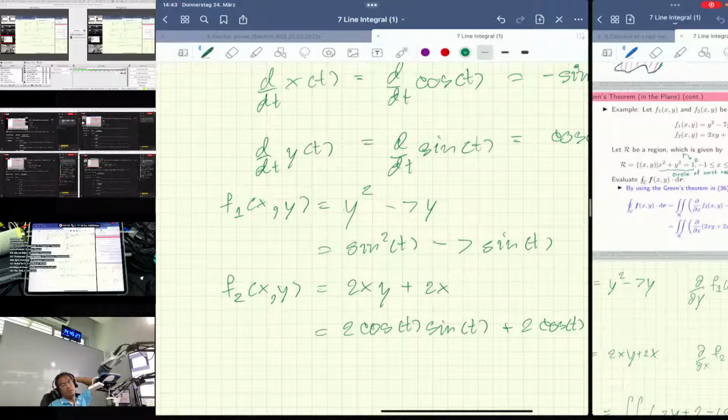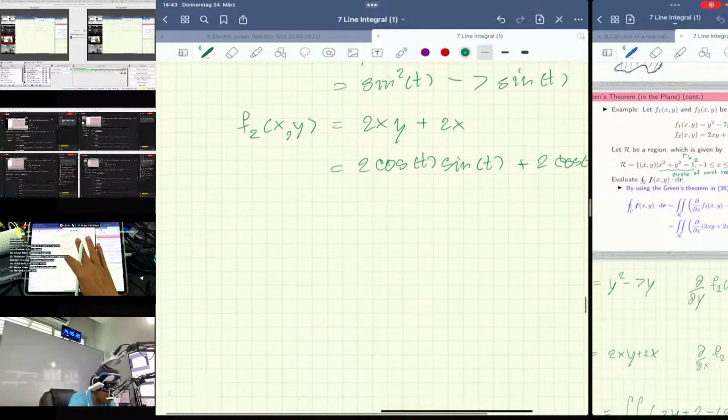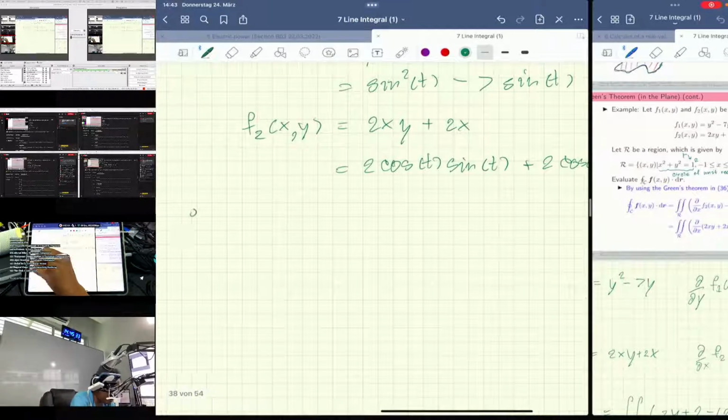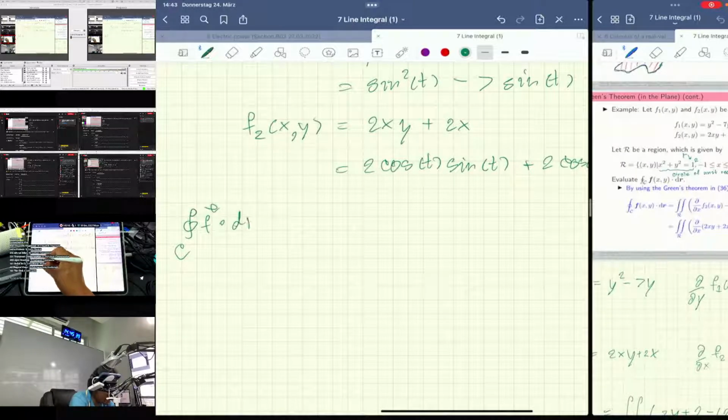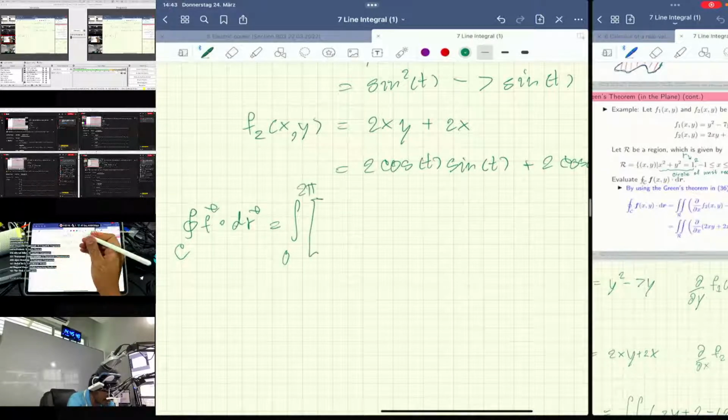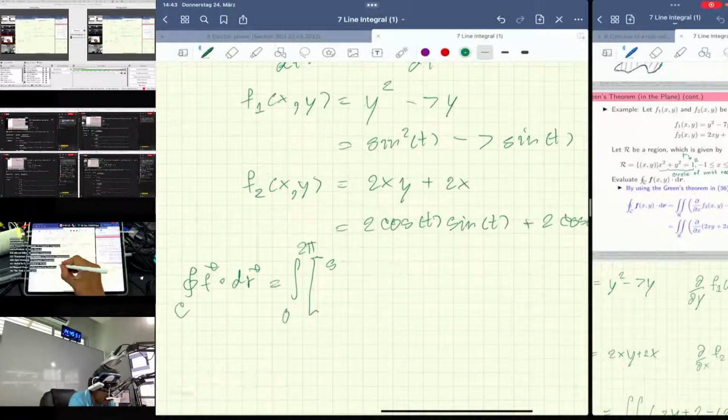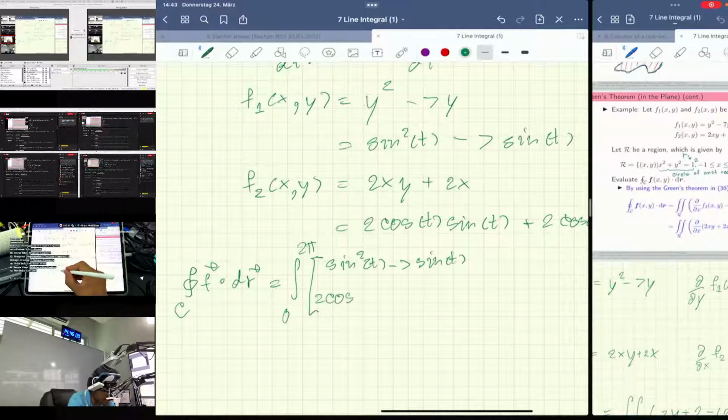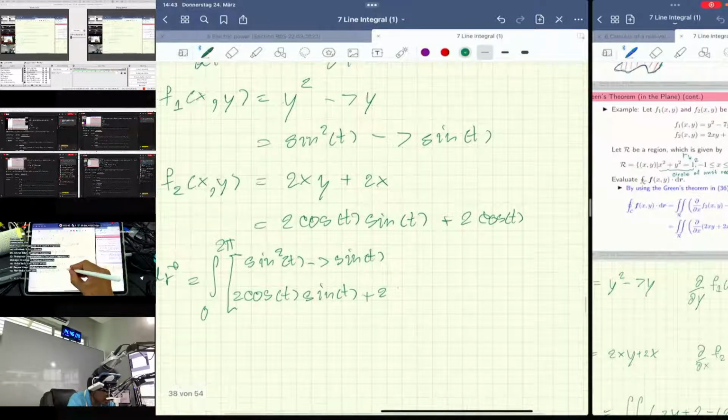All right, and now it's time to form the closed path integration. F dot dr will be the integration from a to b, which is 0 to 2 pi, and the first vector is this one, sine squared t minus 7 sine t, and the second component, 2 cosine t sine t plus 2 cosine t.